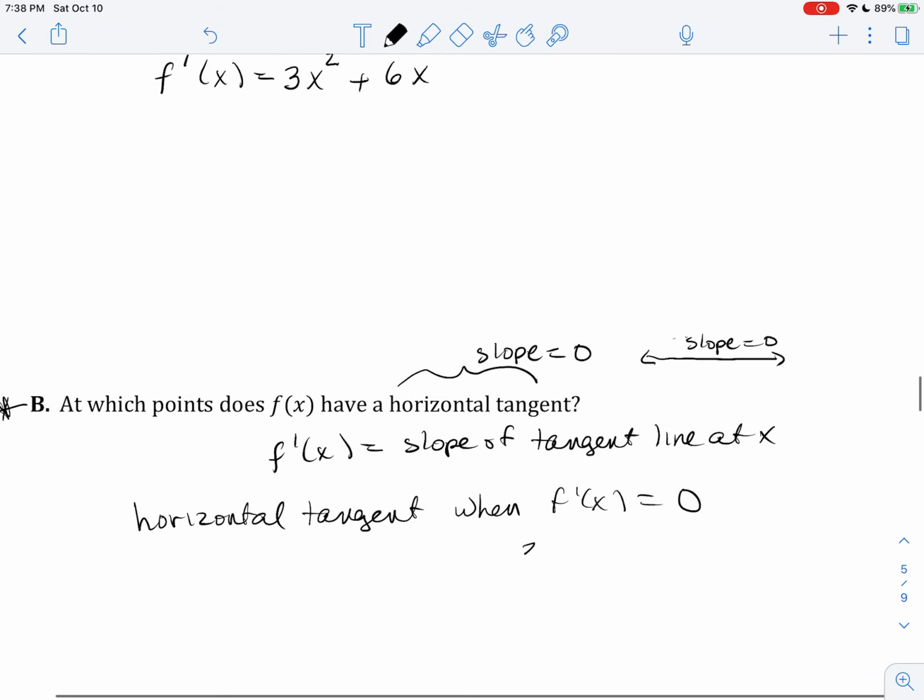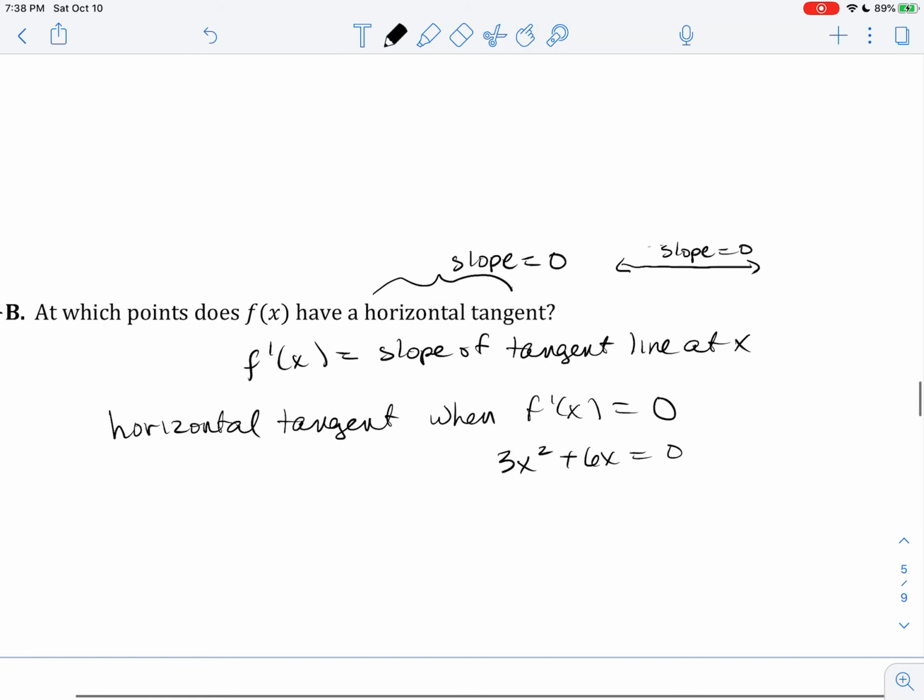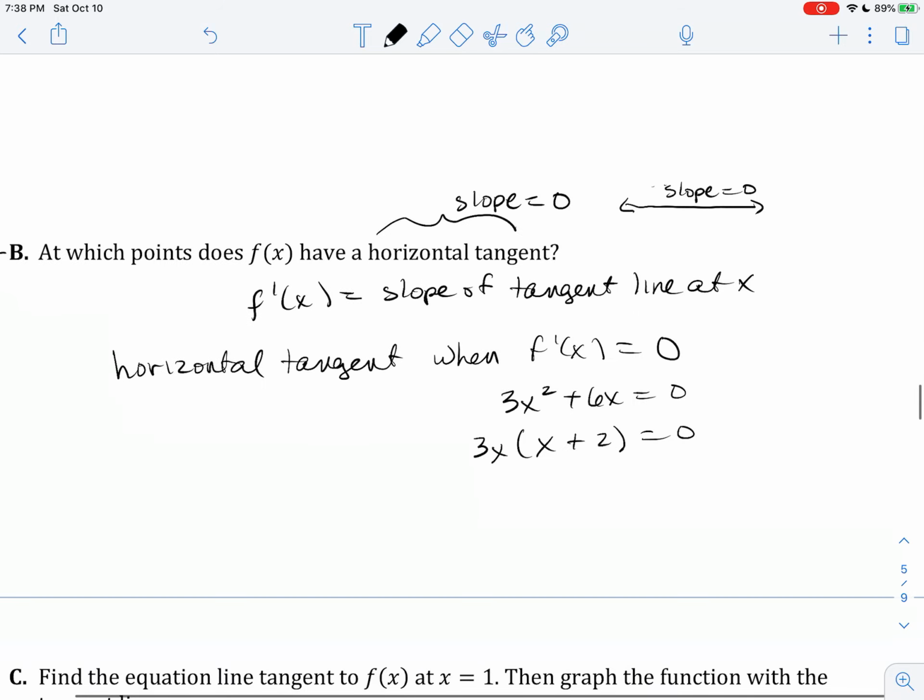So we have f prime from above, 3x squared plus 6x, equal to 0. I can factor out a 3x, and I'd get x plus 2 equal to 0. And we can use our zero factor property.